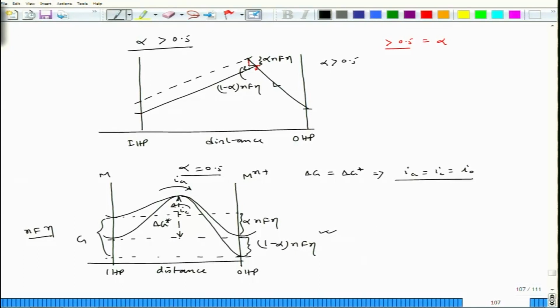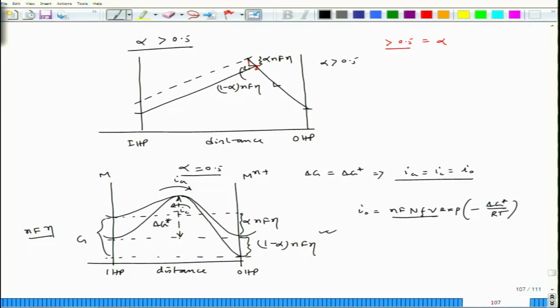So, this diagram would enable us to get the I applied as a function of overvoltage, and that time this concentration part is already included in this particular formula, which is I0 equal to nF nu exponential minus delta G star by RT.